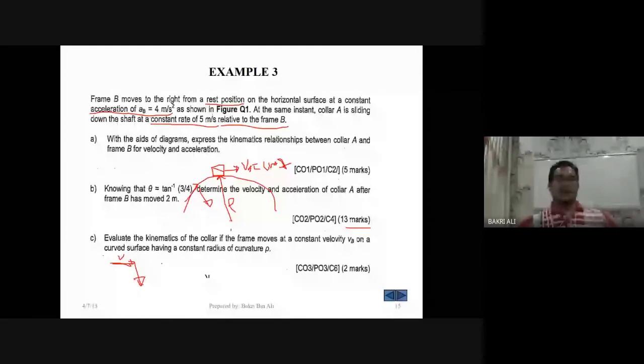So this is VA. And for the acceleration, VB is constant, so the tangential acceleration is 0.